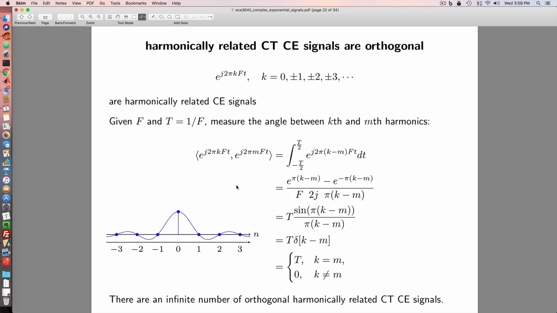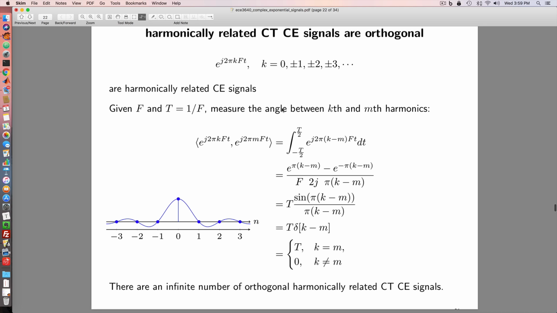So that's interesting. And then you ask yourself the question, well, how many orthogonal harmonically related complex exponential signals are there in continuous time? And the answer is there's an infinite number. You just multiply by higher and higher integers, and you get a higher and higher harmonic.